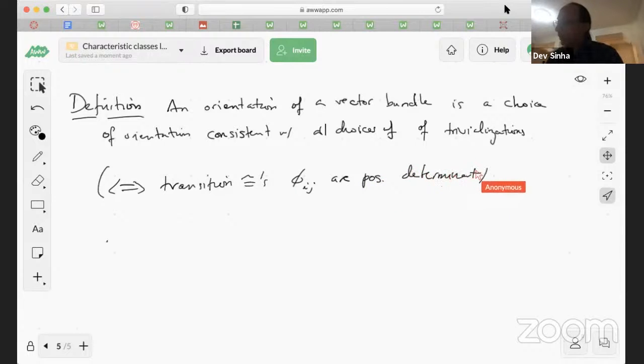In a more group theoretic approach to the subject, which we will discuss at some point, just like the choice of metric let us go from the general linear group to the orthogonal group for these transition functions.